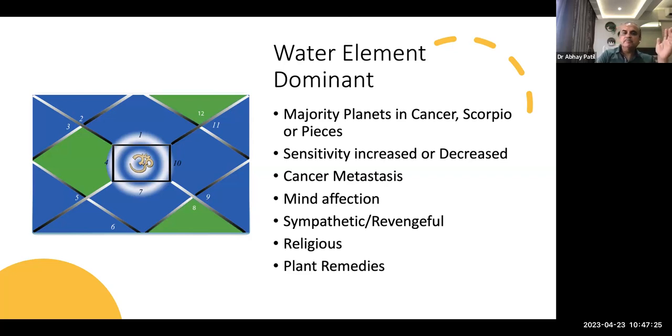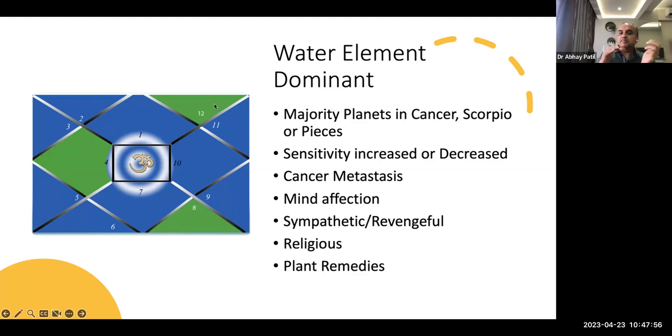So water element means what? Majority of planets in Cancer. That is, the problem could be related to mother, affection. Scorpio, that is the 8th sign, the problem could be related to vexation, indignation, mortification, suppression, grief.